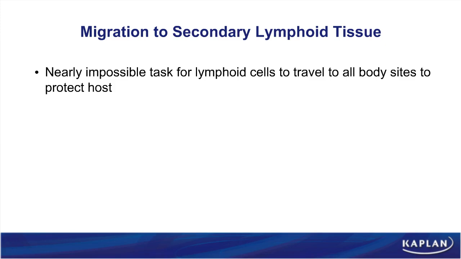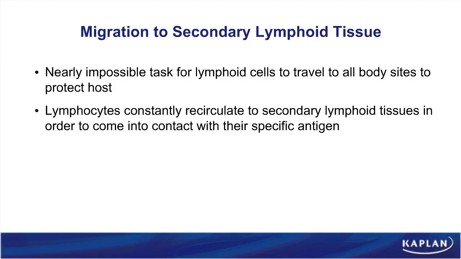Considering how many pathogens enter the body on any given day, it would be almost impossible for the lymphoid cells to travel to all of those sites to protect the host. Therefore, the lymphocytes are constantly recirculating and going to the secondary lymphoid tissue, where they're most likely to come in contact with that specific antigen.